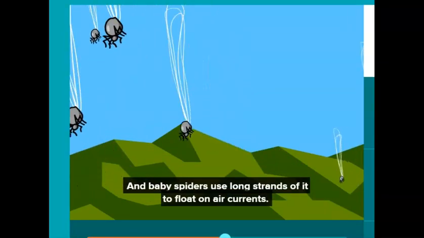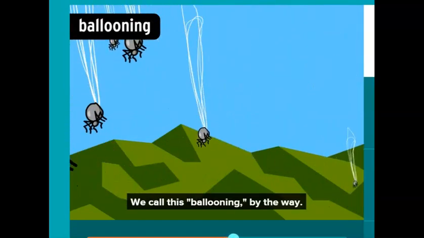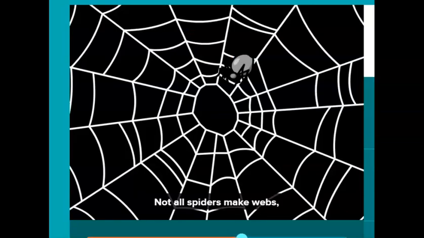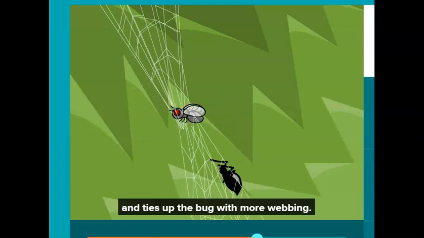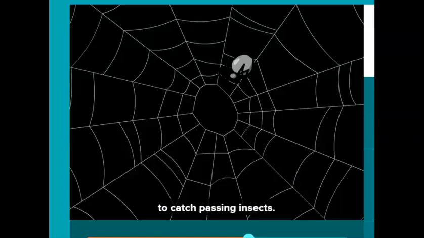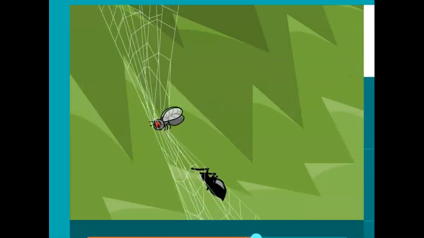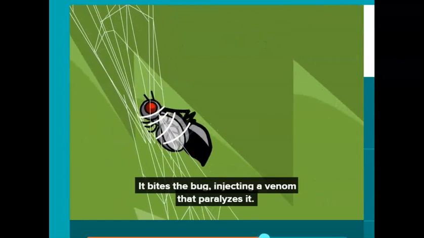And baby spiders use long strands of it to float on air currents. We call this ballooning, by the way. But my favorite thing they do with it is spin webs. Not all spiders make webs, but the ones that do string them where they live to catch passing insects. If a bug gets caught in the web, the spider quickly crawls over and ties up the bug with more webbing. It bites the bug, injecting a venom that paralyzes it.